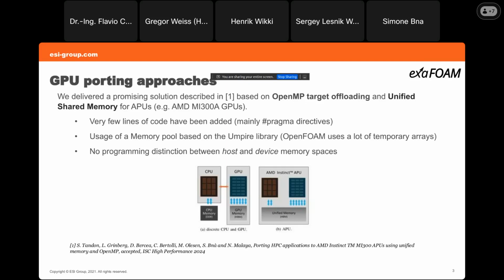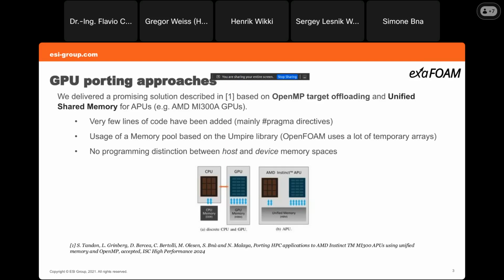Unified memory is physically available on the recent AMD GPUs, which we call APU, accelerated processing unit, particularly the latest version, the MI300A, which presents, as you see in the picture, a unified memory between CPU and GPU. So there is no need anymore to move data between host and device because the memory is completely shared.